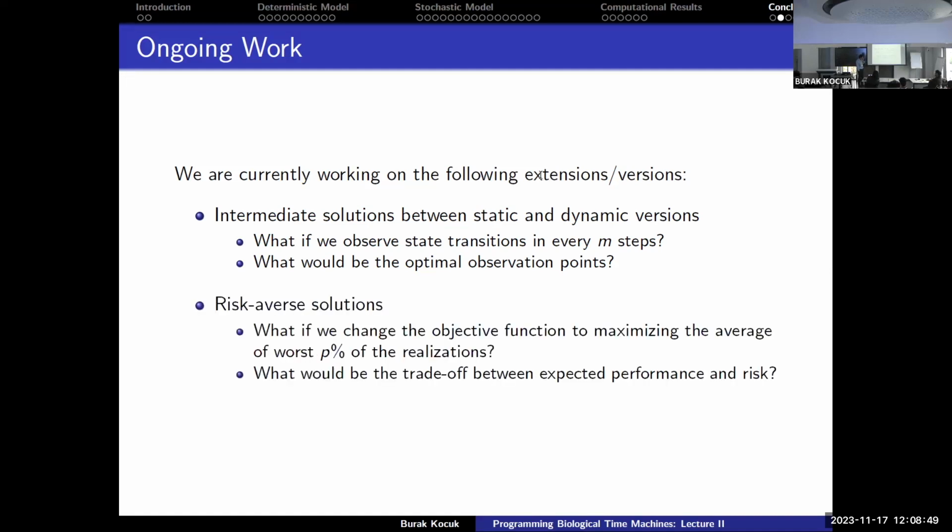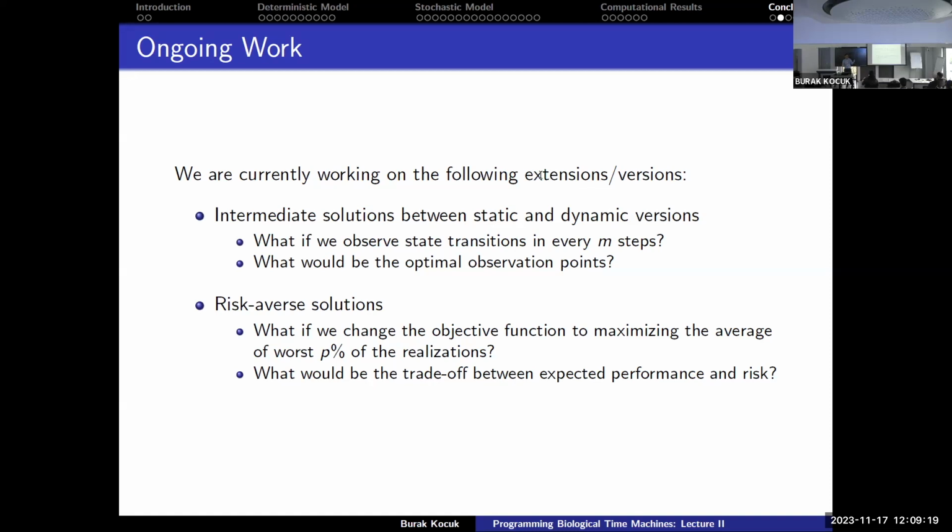And with my PhD student, Dennis, who joined us in this, we are looking at a different version of the problem in which the performance is not defined as taking the expectation, but a different way, where you include the risk aspect. So just because the average is 0.5 doesn't mean that you are doing 0.5 all the time.